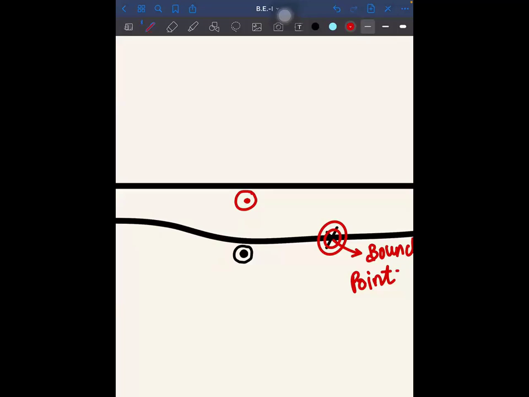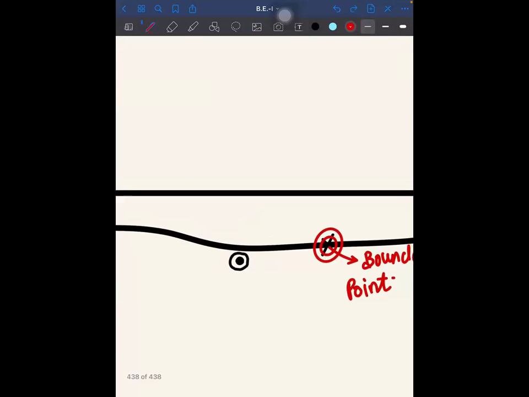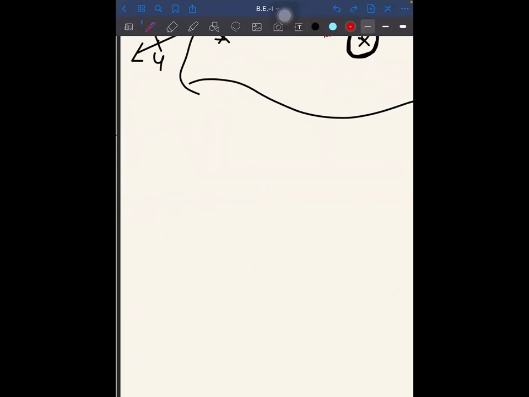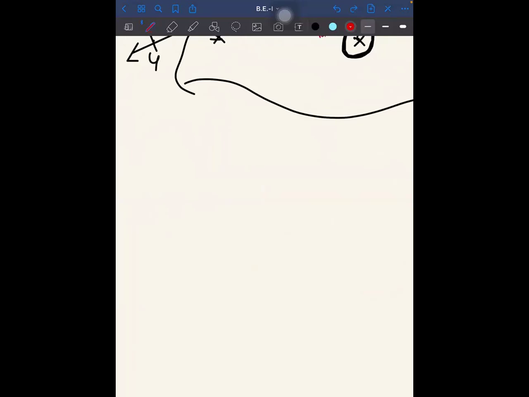Let me make it more clear. Interior point means what?